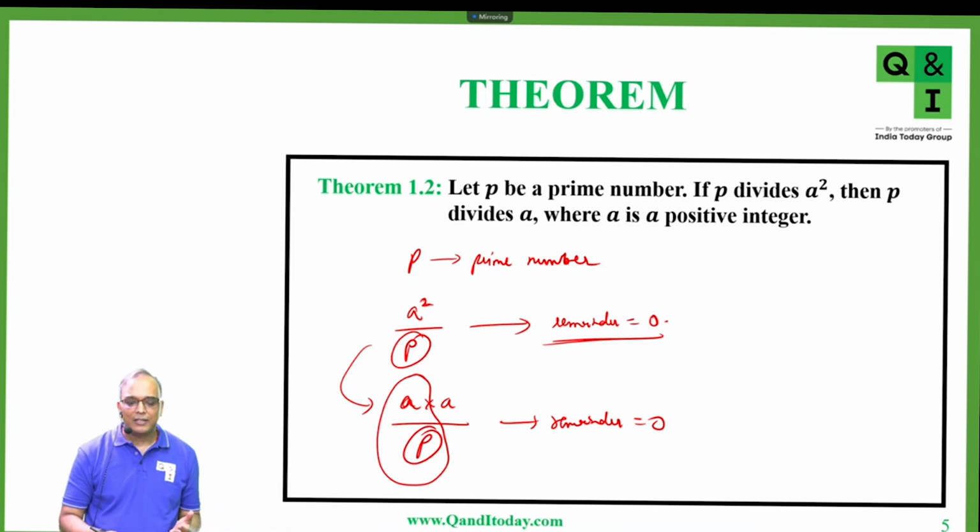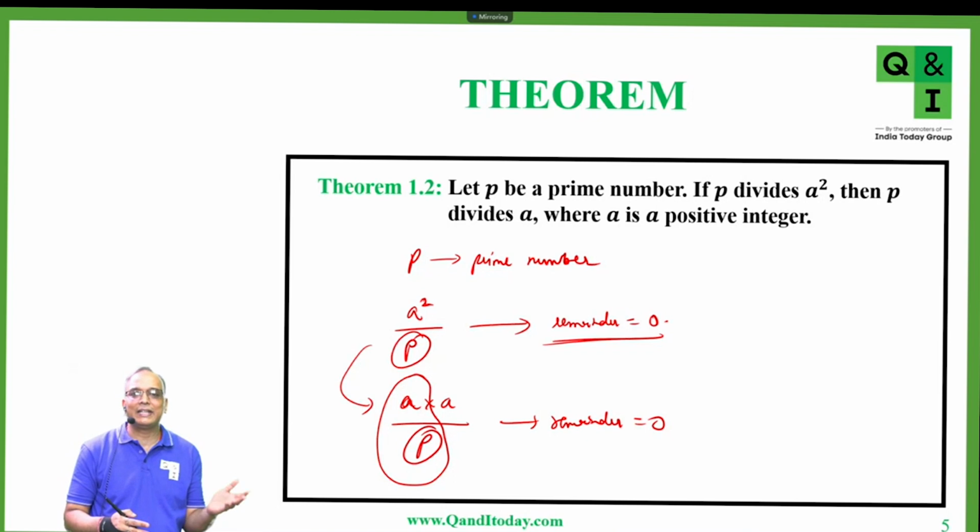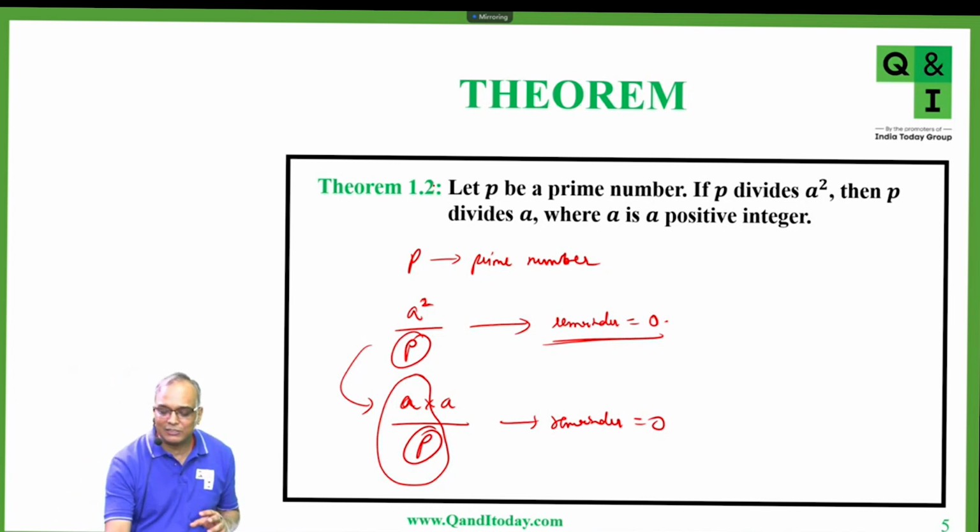Is this clear? Because a prime number cannot be broken down into different prime factorization. A prime number has only two factors, that is 1 and the number itself. So when a square is divisible by the prime number p, that means a will also be divisible by the prime number p. And this is what this theorem states.